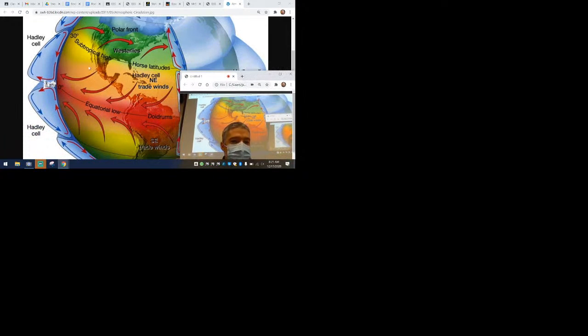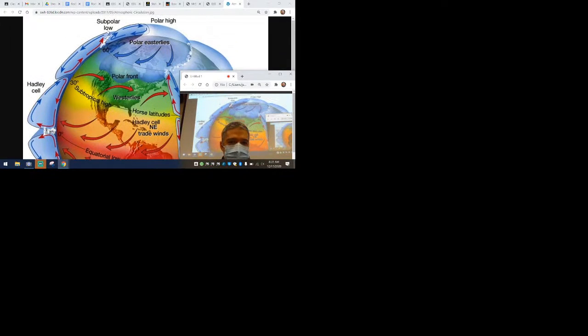And then another thing you can see here, this gets a little confusing because we haven't learned about the Coriolis effect, but these red things, those are winds. And see the high and the low, are they going from the high to the low, or are they going from the low to the high? What are they doing? High to low in every circumstance. So this is the subpolar low, and these winds are going toward it.